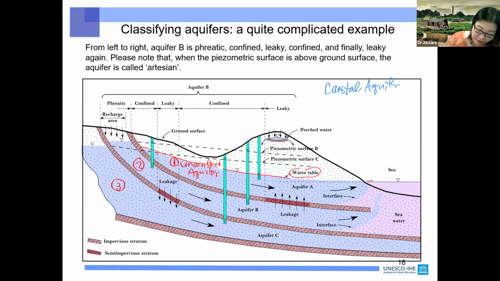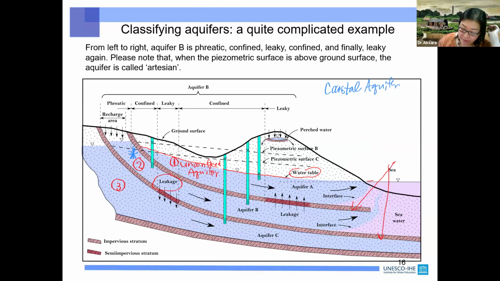The second aquifer, which is this one here, is considered a leaky aquifer. You see that there's some leak. Leaky means that although they have confining layers here, they're not totally confined.